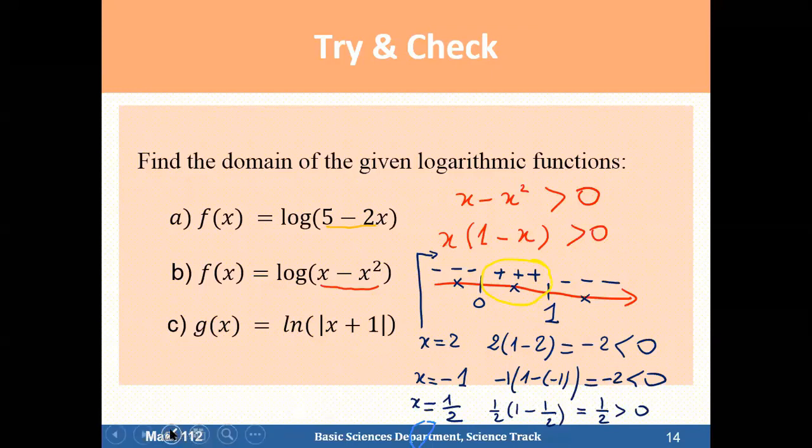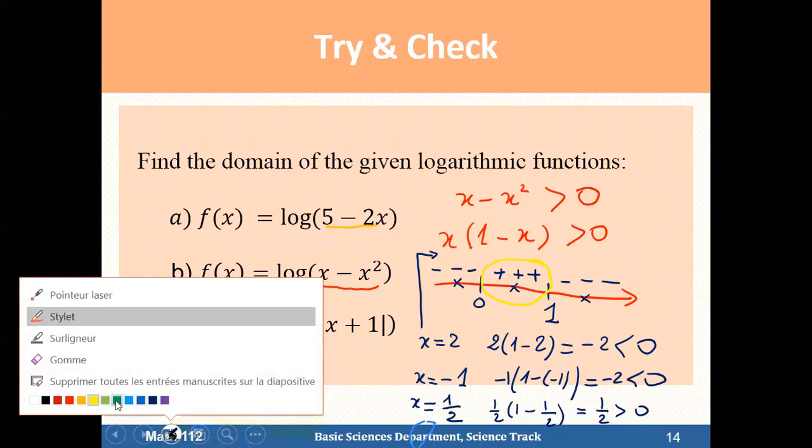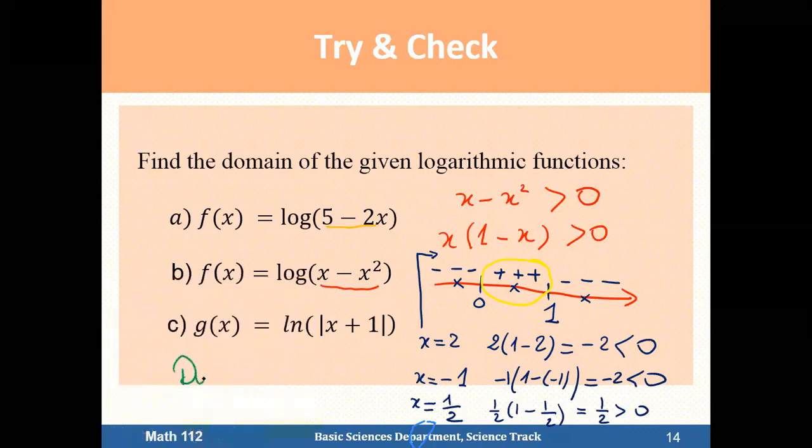So what is the domain? From 0 to 1. 0 to 1 open ولا close? Open. It's always open for log.